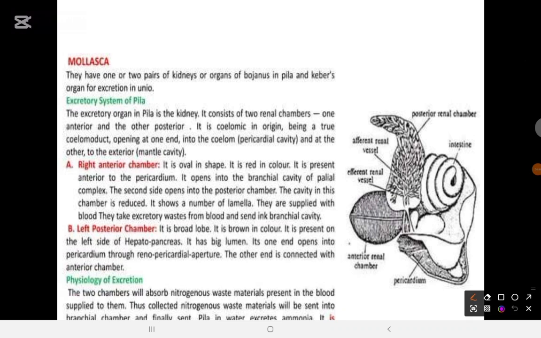So the excretory organs of the Pila. The Pila is a snail, basically, a gastropod. Is that okay? Is a snail. While the Unio is a bivalve.